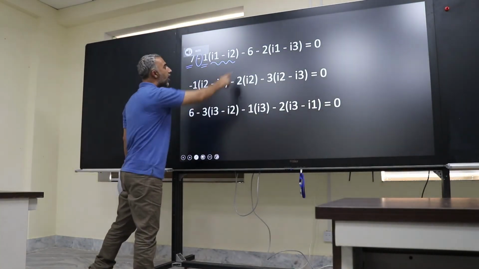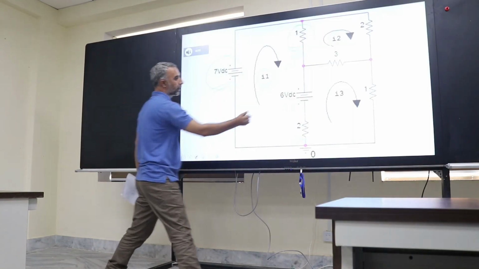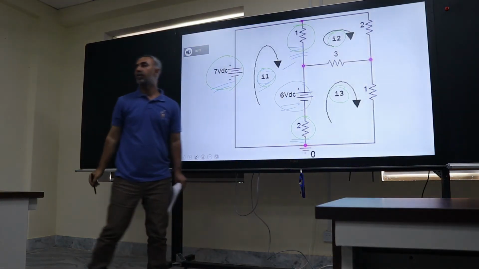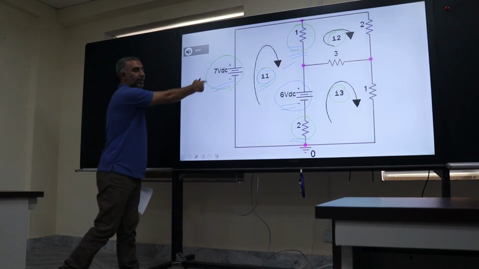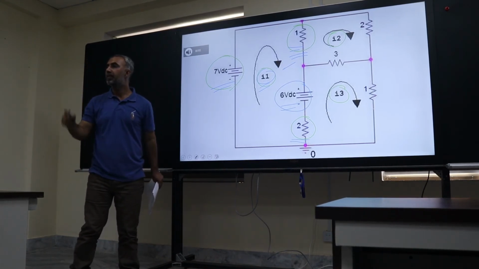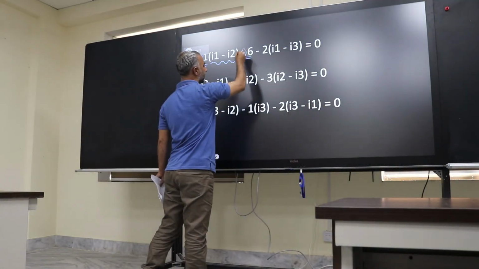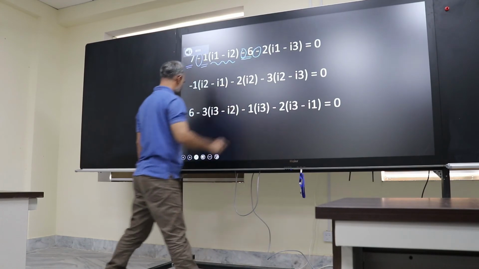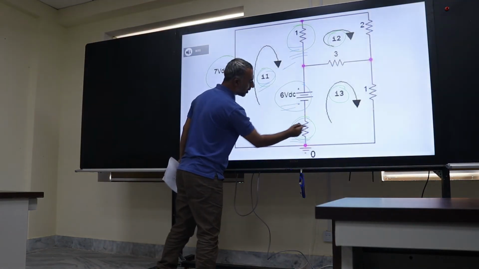Another voltage is subtracted from the main power system, so negative sign. Again a negative sign because of the resistor here.